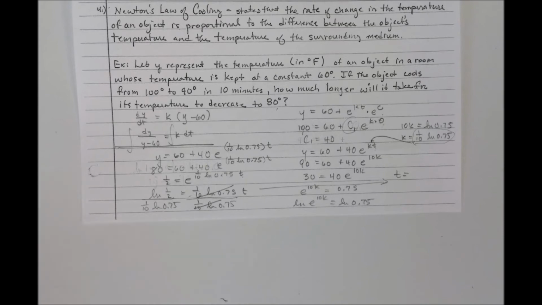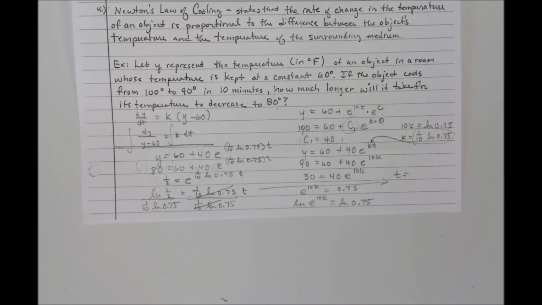So let's see. Natural log of 0.75 divided by 10. Oops, hang on a second. I messed up. Clear. I was looking at the wrong thing.